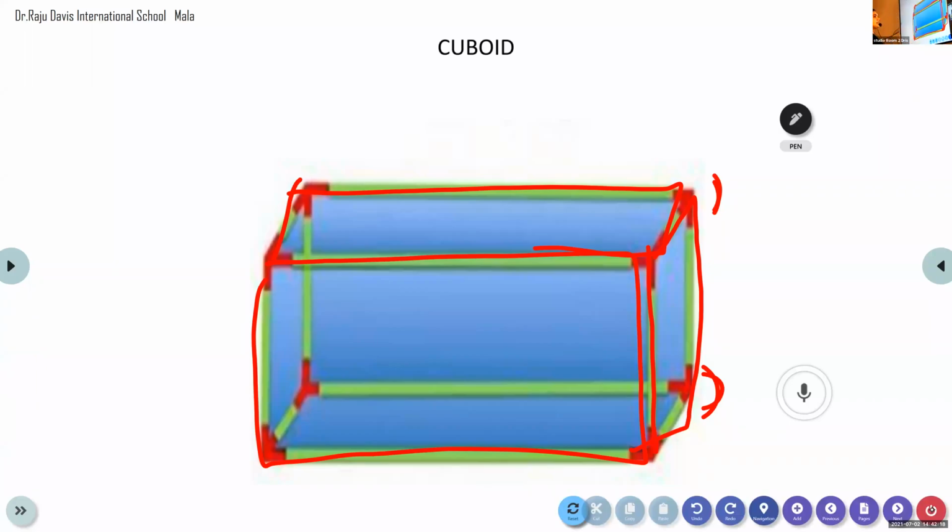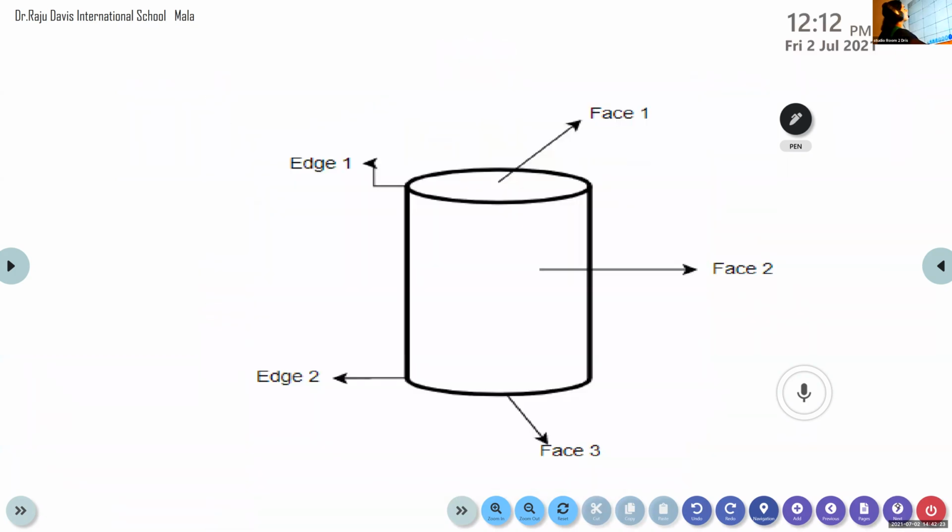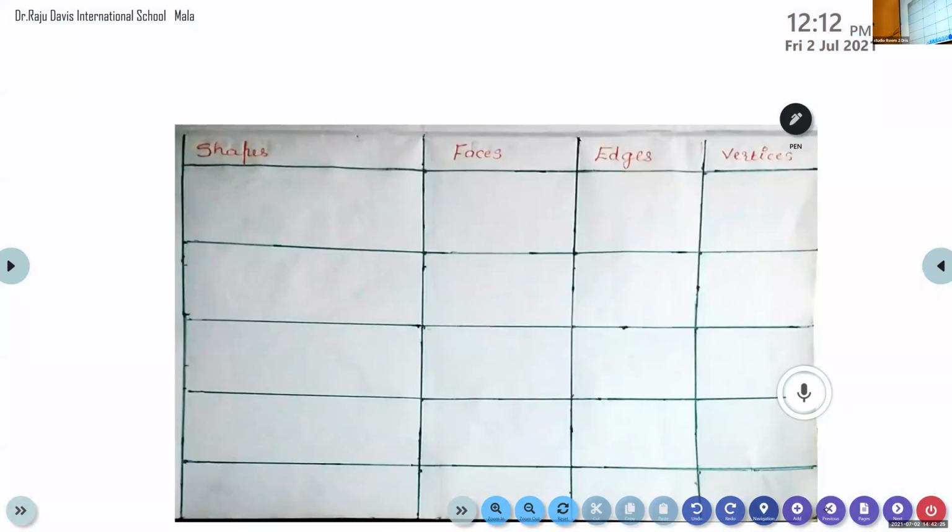Now all of you open your book. After that, we can discuss about cuboid. You already drew this table. Give a heading: three-dimensional figures, or 3D figures. Put today's date. Ma'am, textbook or notebook?